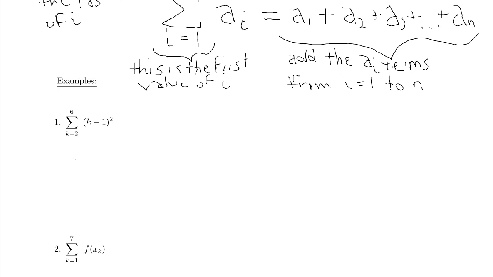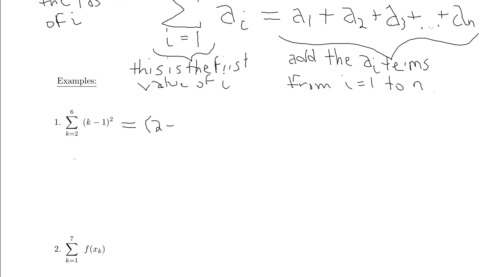So in the first example, we have this sum symbol. It's the sum from k equals 2 to 6 of (k minus 1) squared. So this (k minus 1) squared is our function that we're going to be plugging k equals 2, 3, 4, 5, and 6 into. And in between each time that we plug in a value, we put a plus sign. So we're adding all of these terms. If I were to rewrite this, well first, my first value of k is 2, so I'm going to plug k equals 2 into my function.